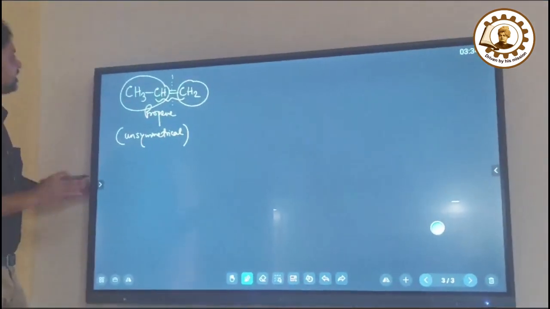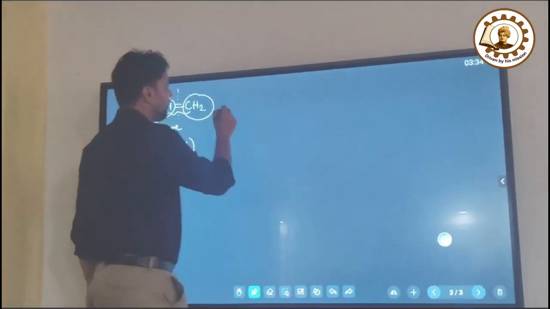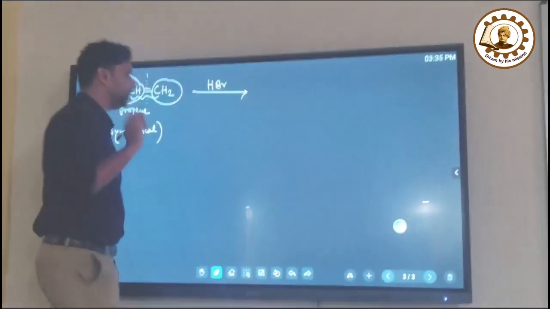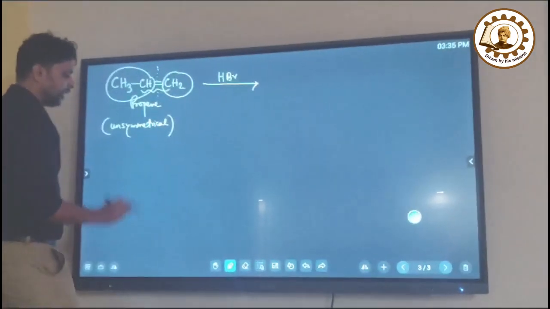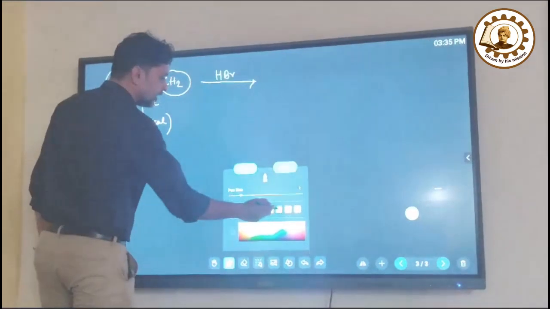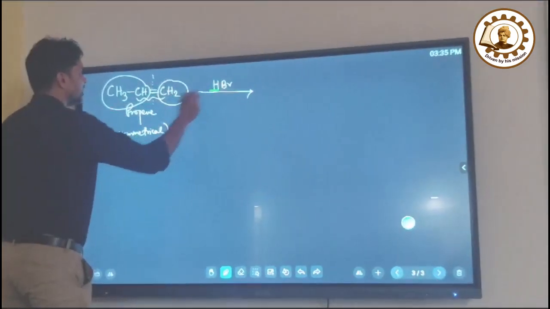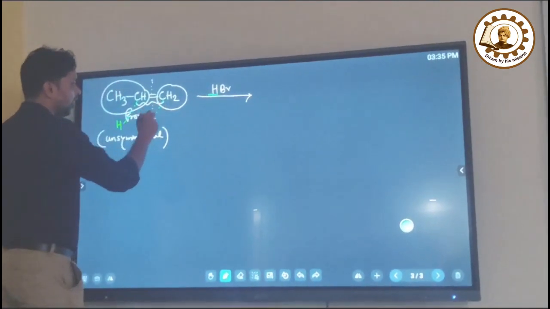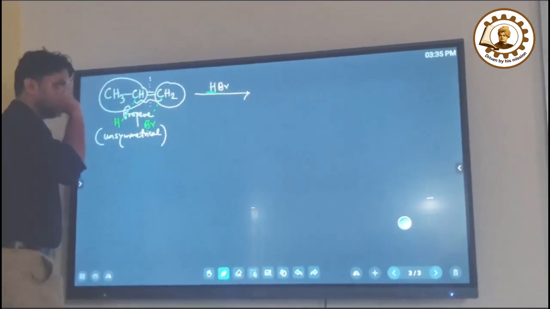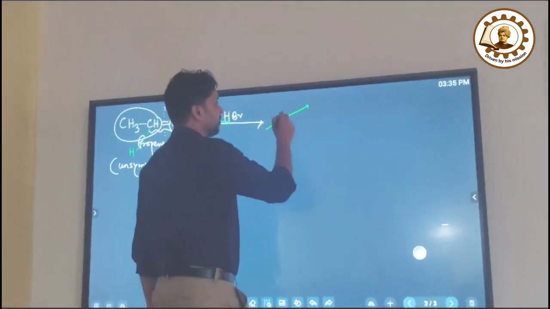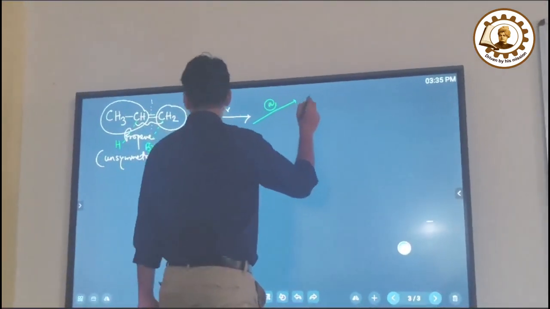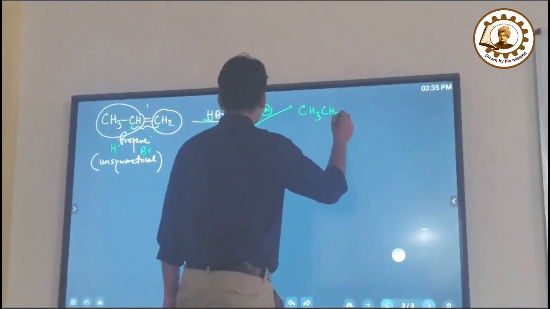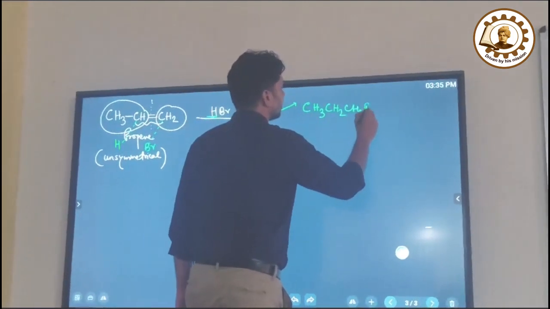So in such a case, what happens? If we are adding HBr, here we have 2 possibilities. The first possibility is that this H may be added to this carbon and the bromine to this carbon. So possibility number 1 is CH3, CH2, CH2Br.